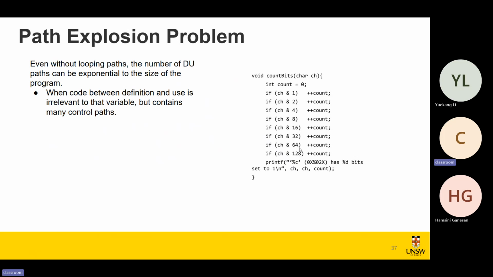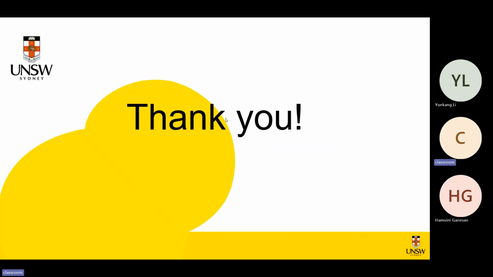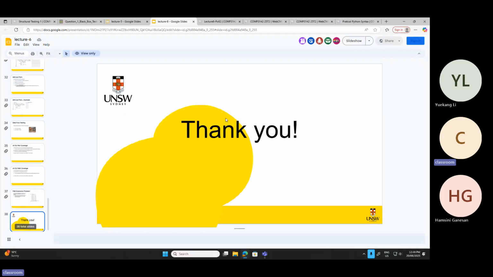Sorry, 2 to the power of 7 here. So that's why, even without loops, we could have a lot of paths, and there could be path explosion problems, which makes def-use path coverage infeasible in practice.